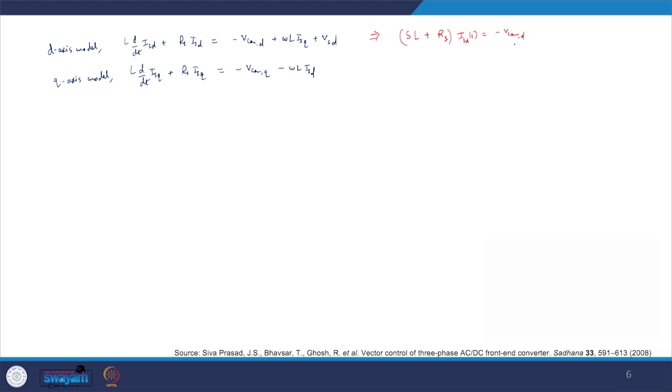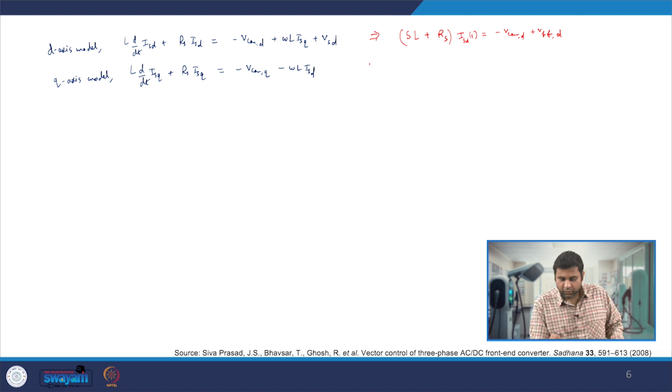So in the closed loop operation we will ensure that these two things get cancelled out, and that cancellation we can do by adding the V feed forward. So we can add some V feed forward for the D axis, and similarly we can do it for the Q axis.